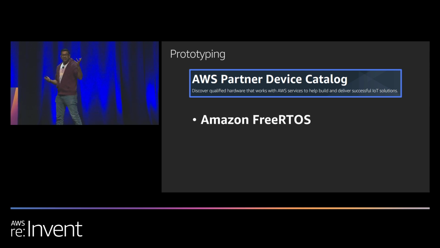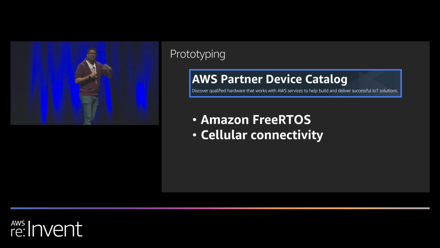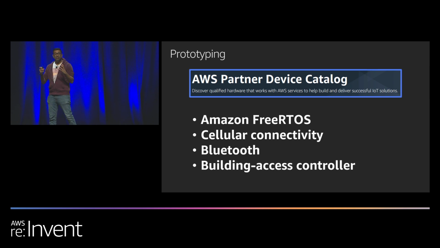They chose a kit that was using Amazon FreeRTOS, so they didn't have to do the heavy lifting of building their own operating layer on the device. They also chose a device that they could plug components onto. In this case, they wanted to plug on cellular connectivity and Bluetooth. They even wanted to put a building access controller on the device because we want to give drivers access when they need to deliver a package.